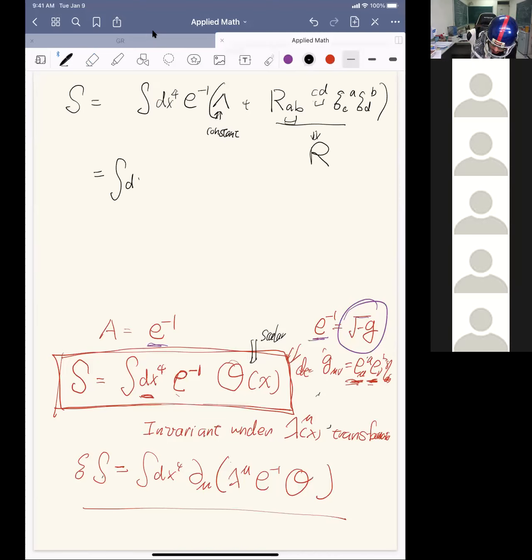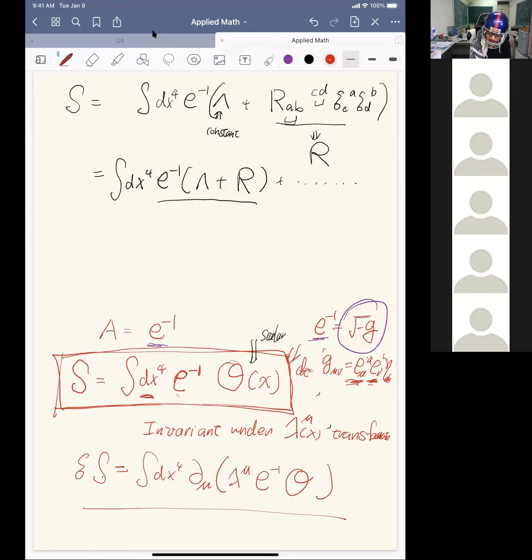And therefore the simplest coordinate invariant action that you can have is just lambda plus the Ricci scalar. Of course, you can add more terms here, which involve more powers of the Riemann tensor or Ricci scalar, but those are higher order terms. So for the leading terms, you can have these two.